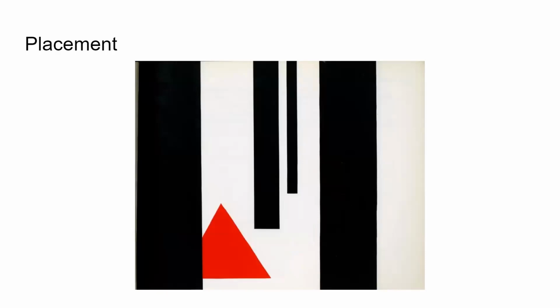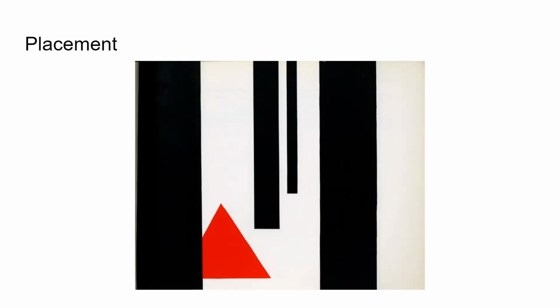Here we see an example of placement as a visual rhetorical tool. This composition puts our little red shape into a mix of angular, upright, rectangular shapes. We might be able to recognize that we're seeing Little Red Riding Hood in the woods, given our context.